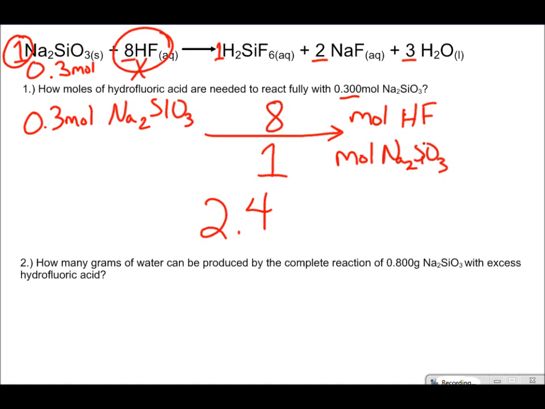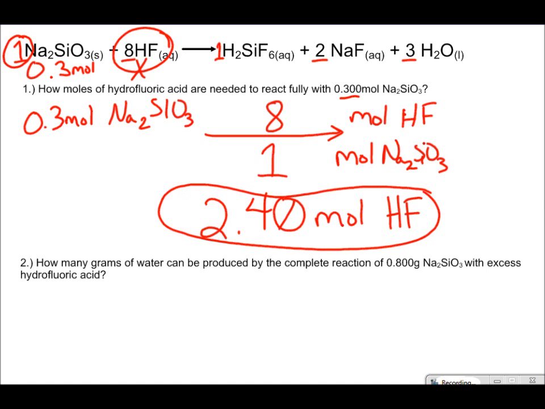Three significant figures, so 2.40 moles of hydrofluoric acid would be how much you would need to fully react. Circle it so our grader knows what we're talking about. Alright, so we're going from mole to mole.